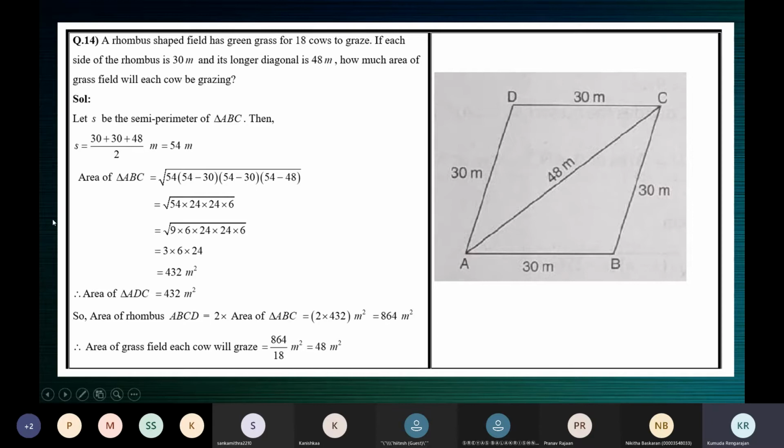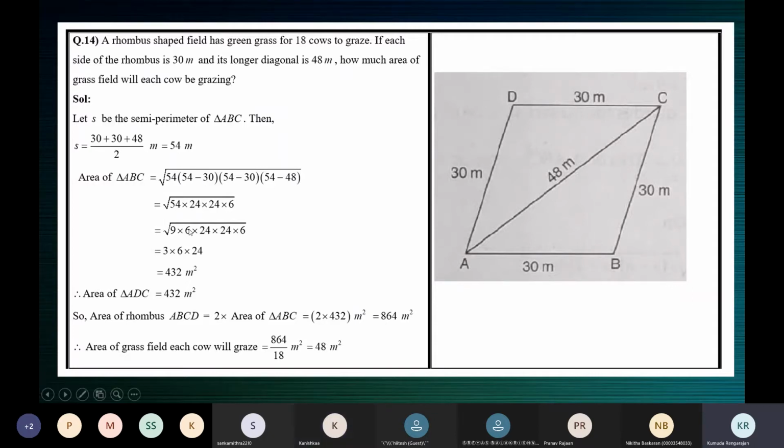What is 24? 2 into 2 into 2 into 3, three 2s and one 3. So like that for every number.